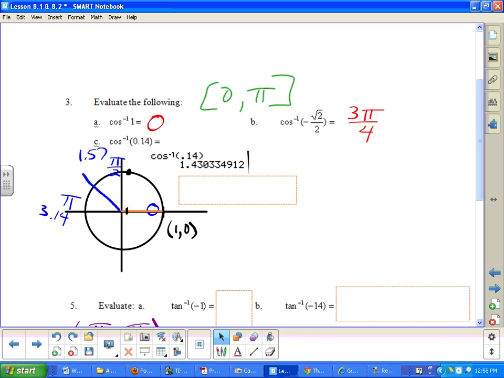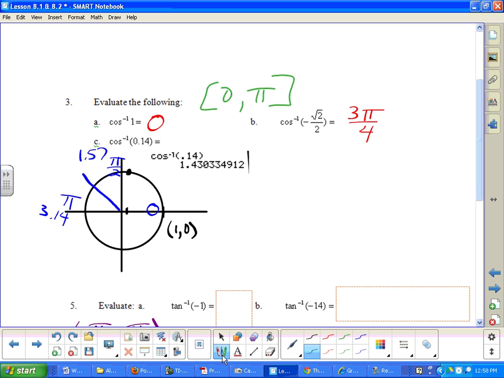And the answer we got was 1.43. So this should make sense that it's that number or close to that number. Okay? Because since I'm only going 0.14 of the way horizontally, if I drew the triangle that matched that, oops, not that.